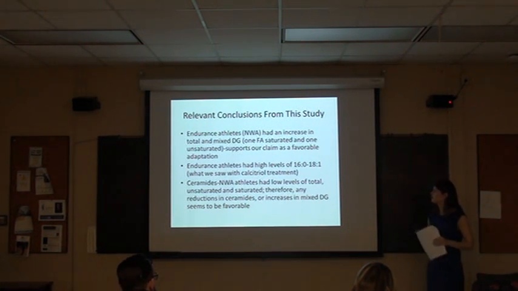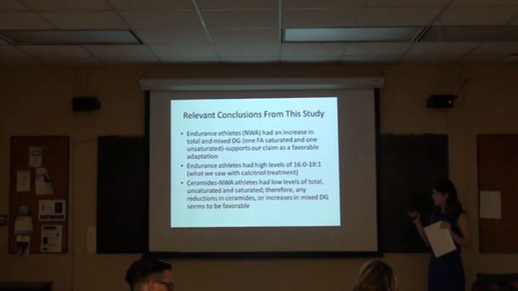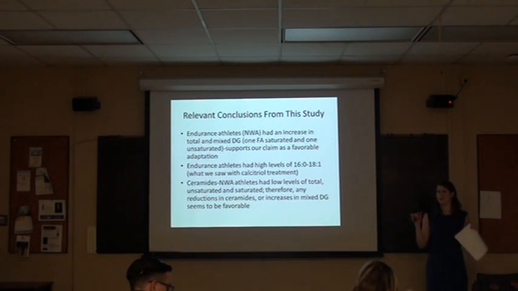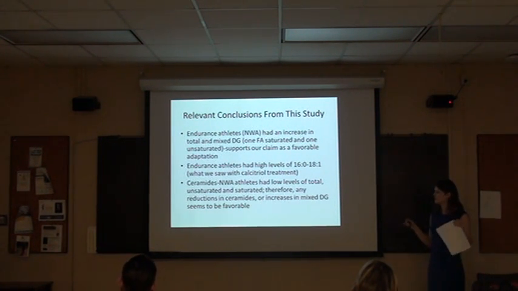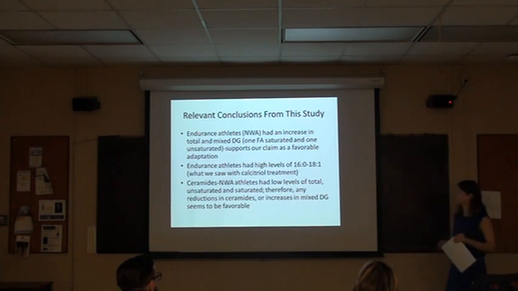Endurance athletes in that study also had high levels of the palmitate oleate structure, and we saw that same thing with our calcitriol treatment. So that was a strong comparison. And with their ceramides in this study, the NWA athletes had low levels of total unsaturated and saturated. That leads us to think that any reduction you saw with the ceramides there, or increases in the mixed DAGs, seems to be a favorable adaptation, and that's what we want to see.